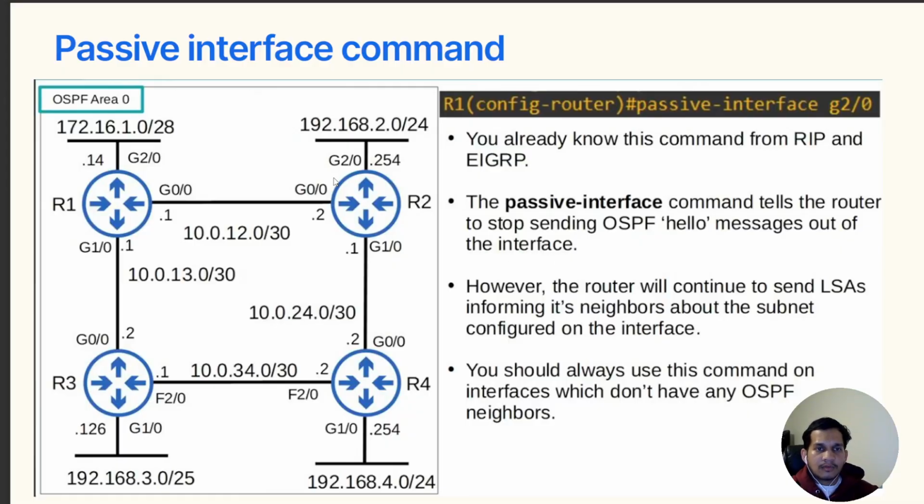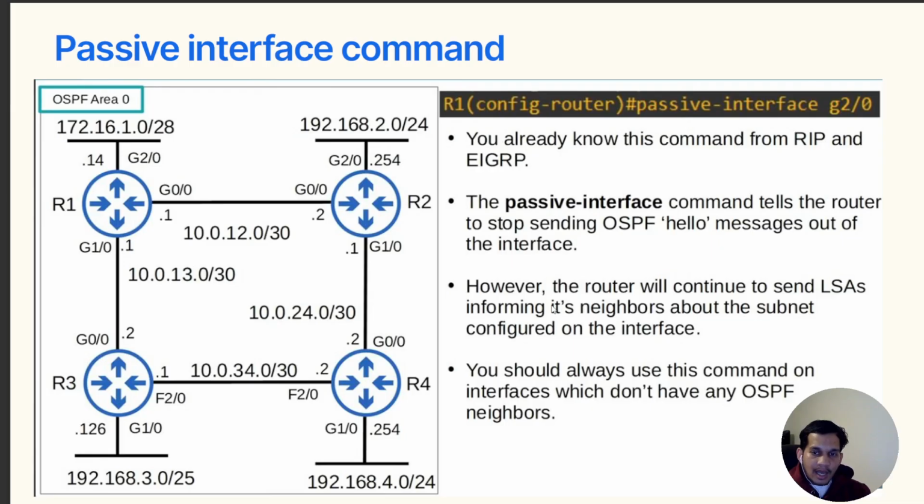So what is the passive interface command? In the RIP video we covered passive interfaces. The passive interface command tells the router to stop sending OSPF hello messages out of the interface, so that there is no need to tell this network that R2 and R3 are neighbors. So just configure that G0/2 interface as a passive interface.